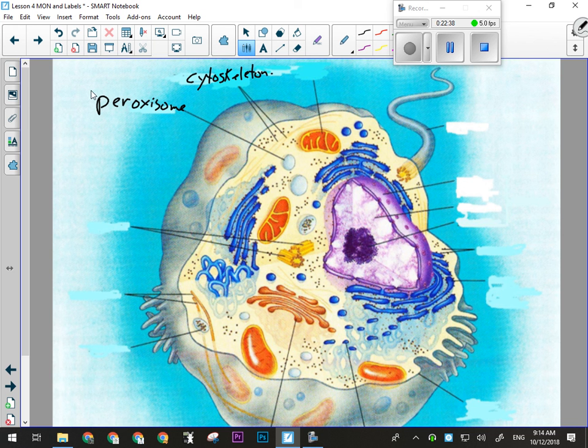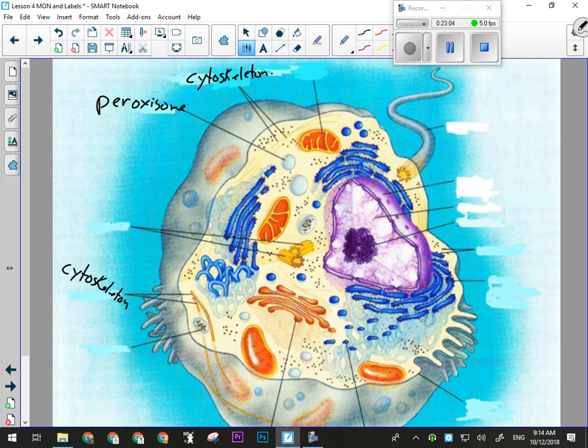Those would be the microfibers that are part of the cytoskeleton. This forked line down here is also pointing at the cytoskeleton. These are thicker fibers called microtubules. But cytoskeleton is good enough for all of them because on a lot of diagrams you can't really tell the difference. All right, sorry, back to going clockwise.